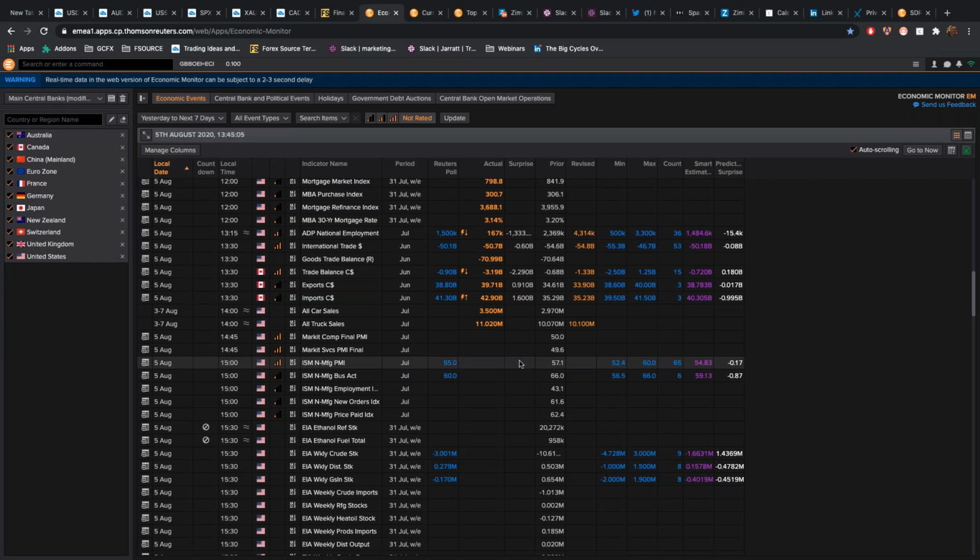So 55 is expected, well into expansion territory. Anything above 60 will be positive for risk, and we'd expect to see risk assets carry on: upside in the S&P 500, downside in the yen, upside in the CAD, upside in oil. Now, if we got a data point that came in below the minimum expectations, 52.4, that might be taken negatively alongside the ADP.